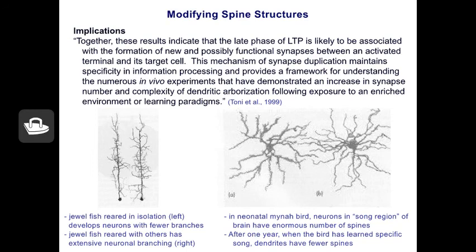Now, the juvenile myna bird has a massive density of spines on dendrites of neurons in the song region of the brain. And then after learning the species-specific song, the spine density is extensively pruned to leave a much less dense neuropil.